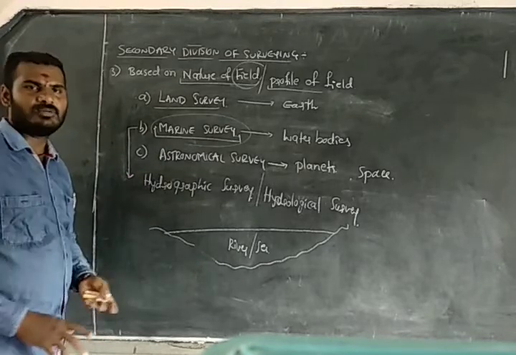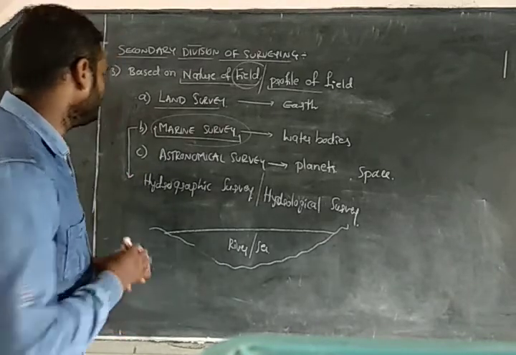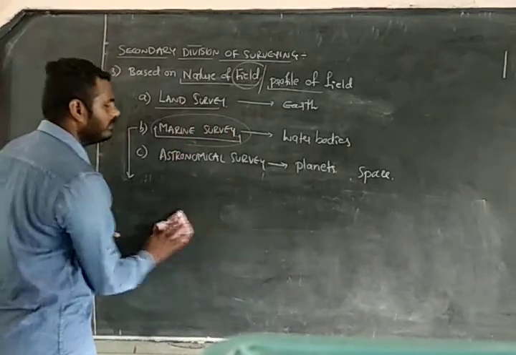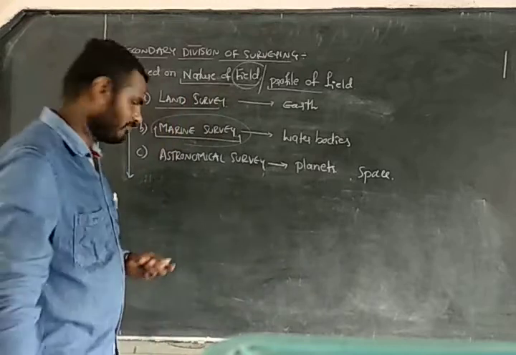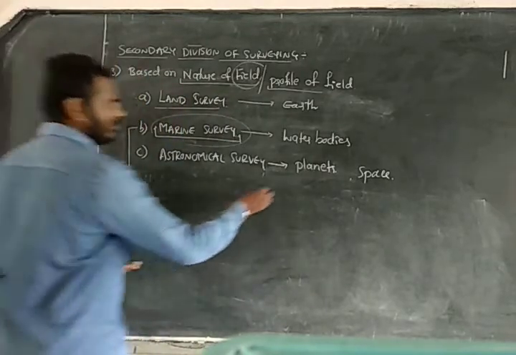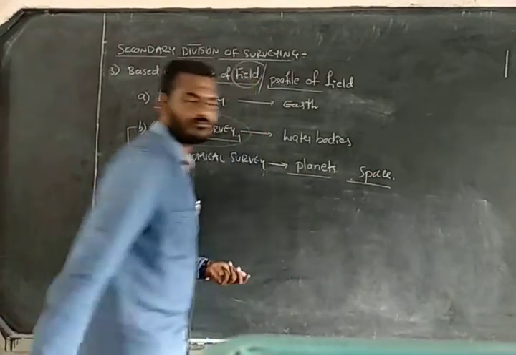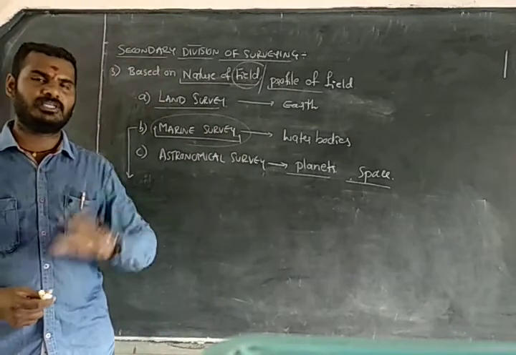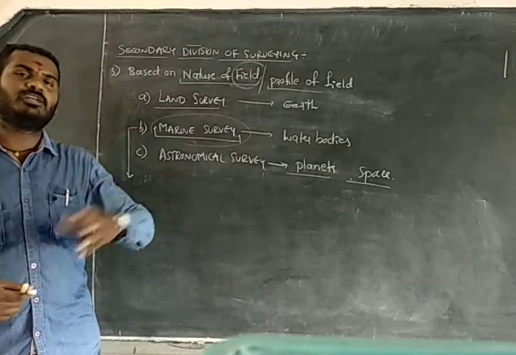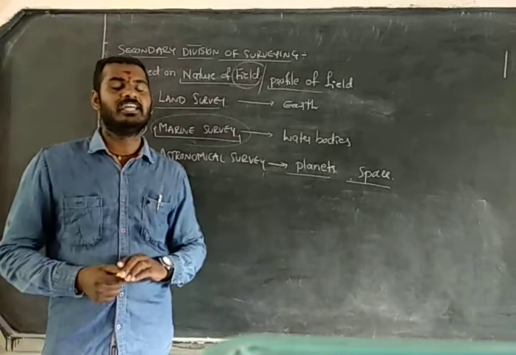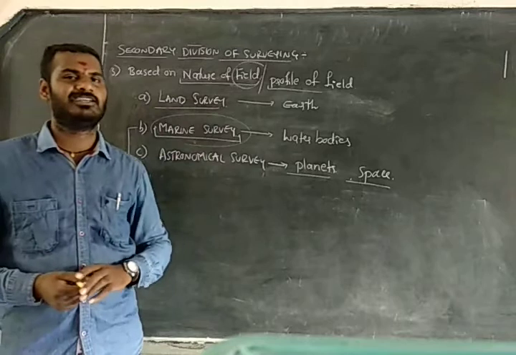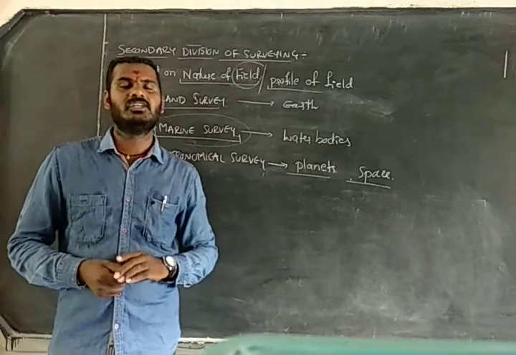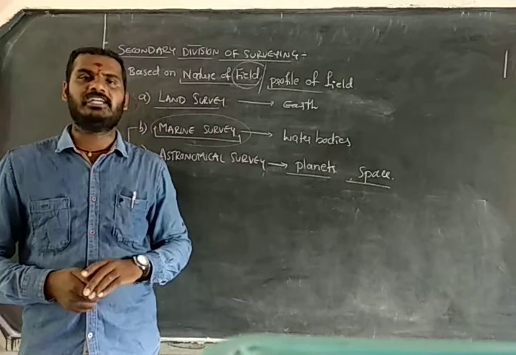Whereas astronomical survey is also an important type of survey, which especially deals with space and planets. What is the position of the planets and how are they moving? What features are available on different planets? And what is the system of space? All these studies can be done with geographic information systems, which come under photographic and satellite systems.